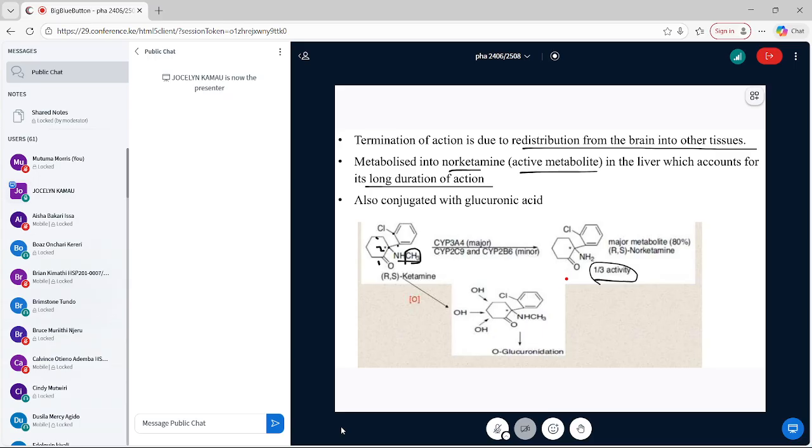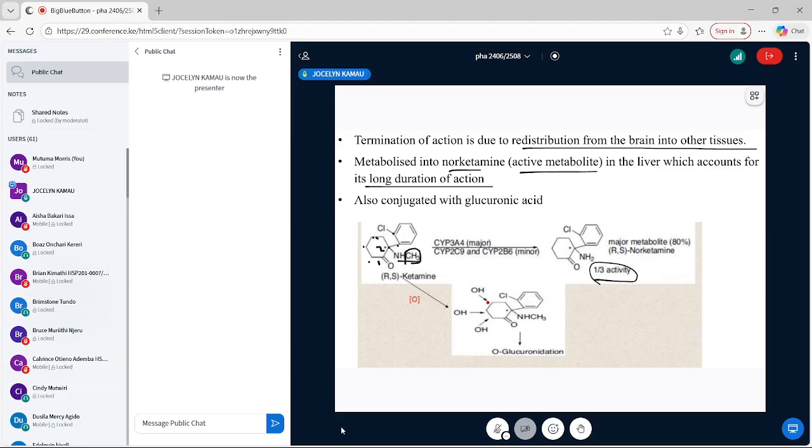It can also undergo oxidative hydroxylation of the cyclohexanone ring, at position 4, position 5, or position 6. It is oxidation at one position, not multiple oxidation. We have discussed this in quite a number of drugs, where you can have hydroxylation at different points.